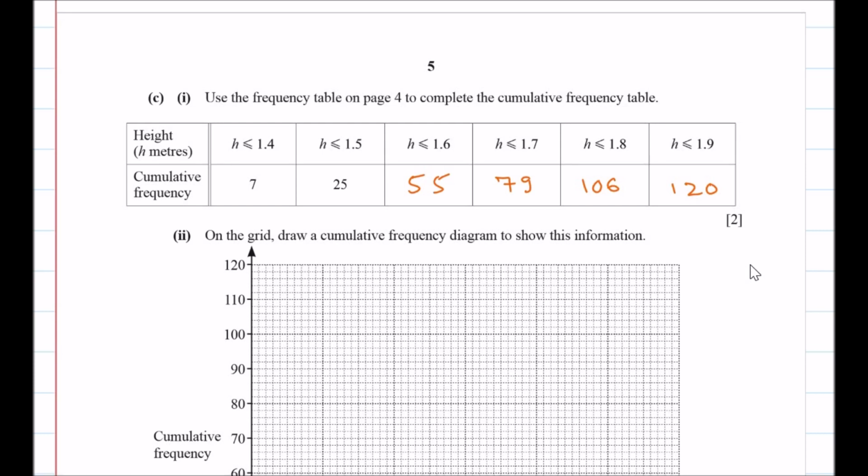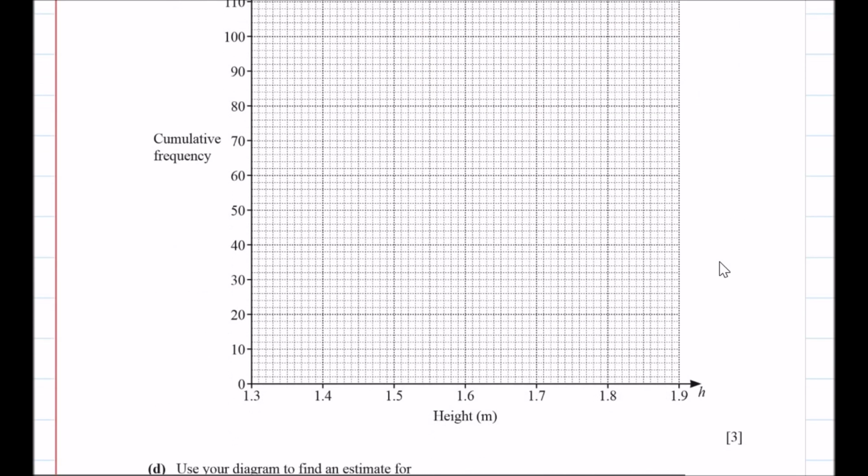Okay, we are done with this part. Next part, on the grid, draw a cumulative frequency diagram to show this information. We need to plot these points. Against 1.4, less than or equal to 1.4, we have to find 7 on the y-axis.